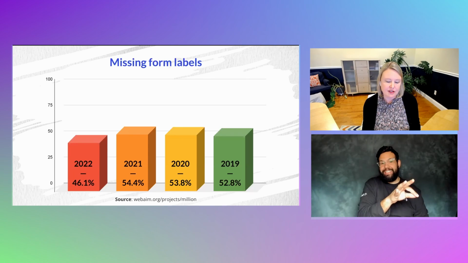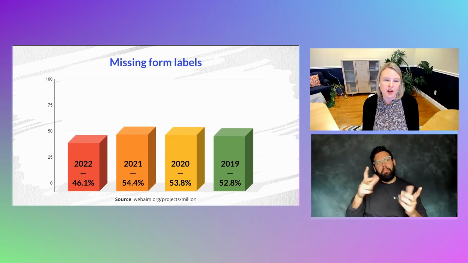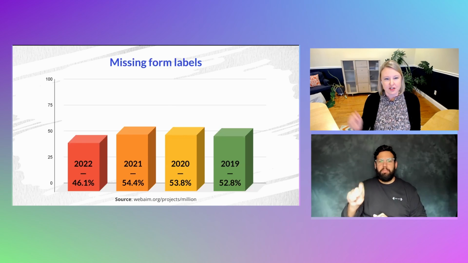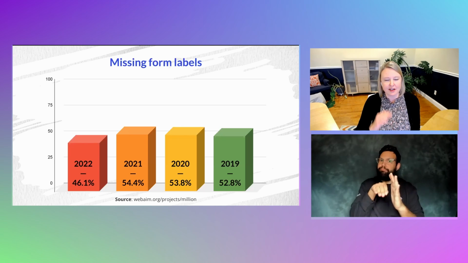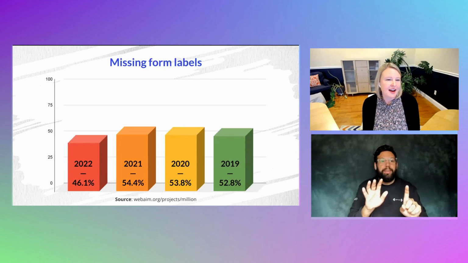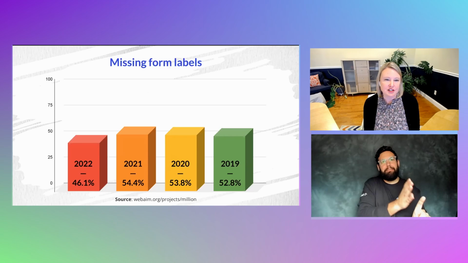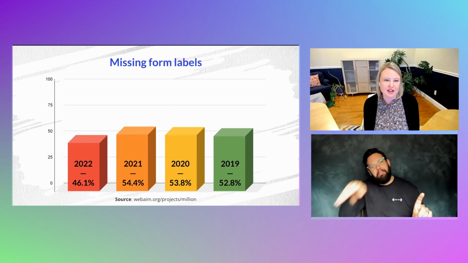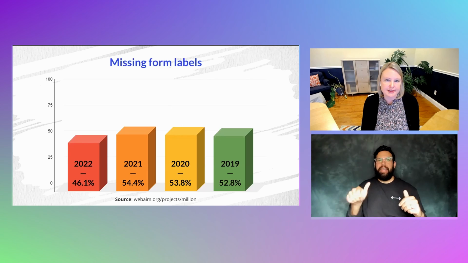In 2020, it's 53.8. 2021, it's 54.4, and 2022, it's 46.1%. So the trend is going down slightly. It looks really great, but we had gone up until 2021. So all this being said, it's still a major issue. Anything over a certain percentage, I would consider something to at least consider adding to your annotations.